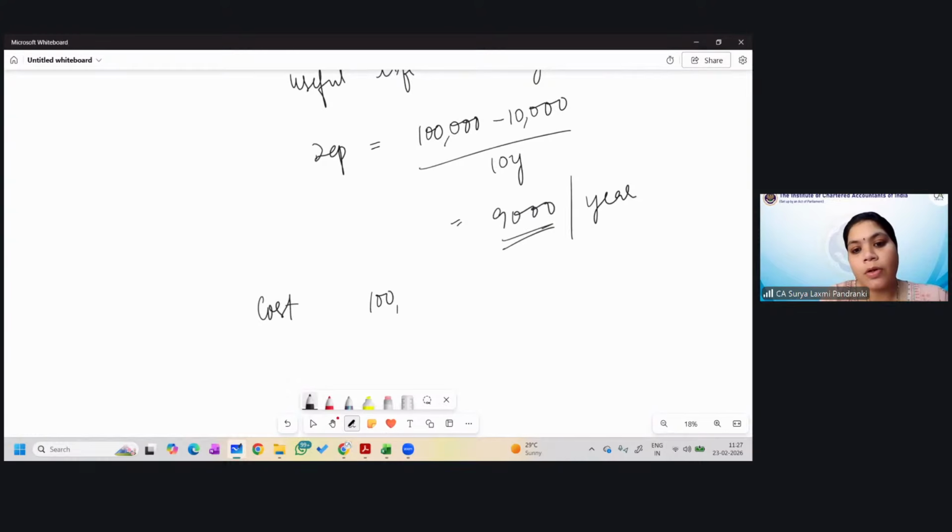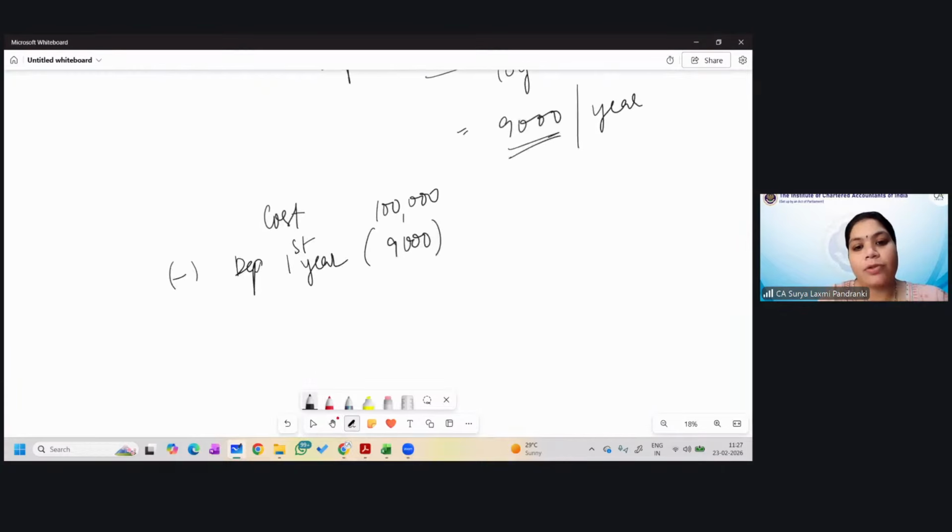Cost is 1 lakh minus depreciation first year, which is how much? 9,000. Quickly keep telling me the values, no? I think this will be 91,000.